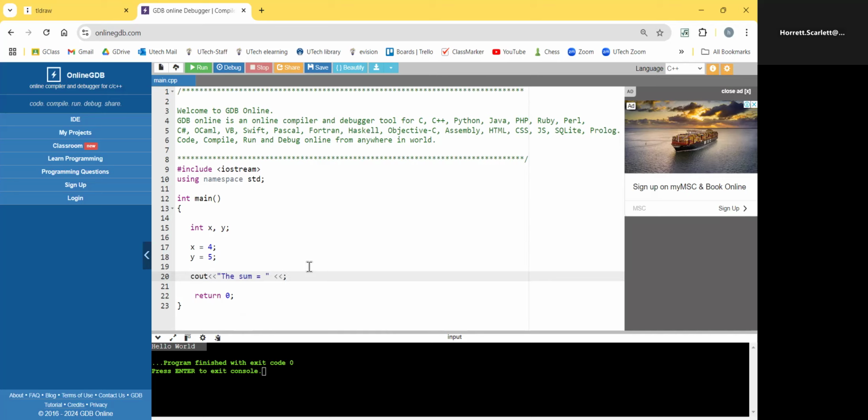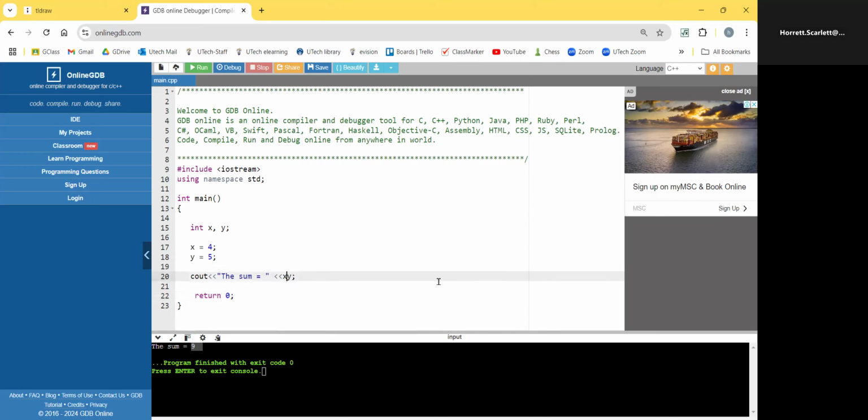So remember, whenever we are going to display, we need to use the two less than sign. And in this case, it's just x plus y. And we're going to execute. And it says the sum is equal to 9. Now we anticipate that we would have obtained 9 because 4 plus 5 is indeed equal to 9.